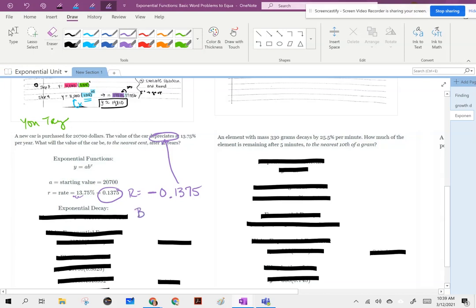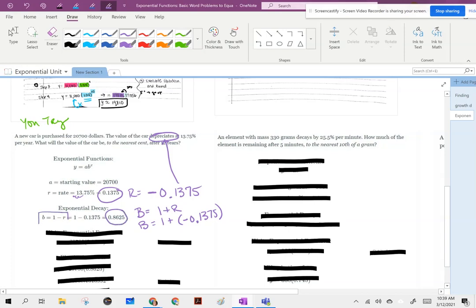So to find the B value, it is 1 plus the rate, which is 1 plus negative 0.1375, which is what this means right here. And you get 0.8625.